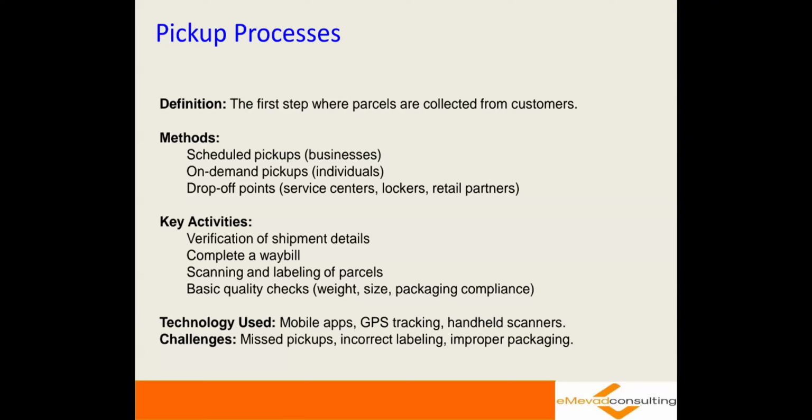And the waybill is usually in triplicate or in 4 copies, 3 copies or 4 copies. The front page of the waybill goes to the owner, that is the sender of the package. He holds that copy.